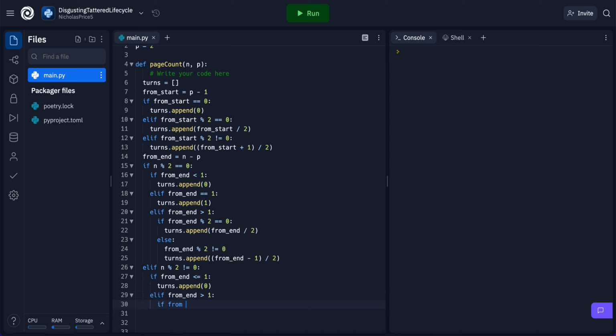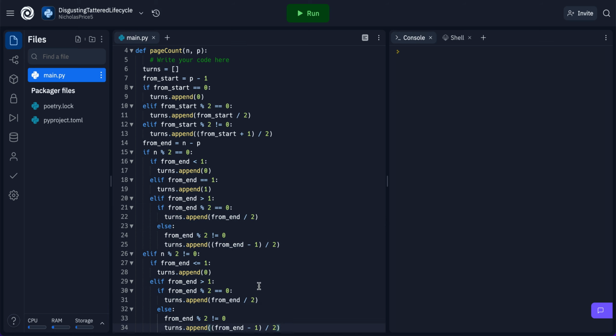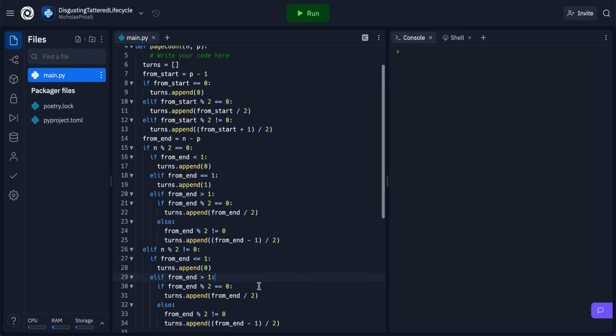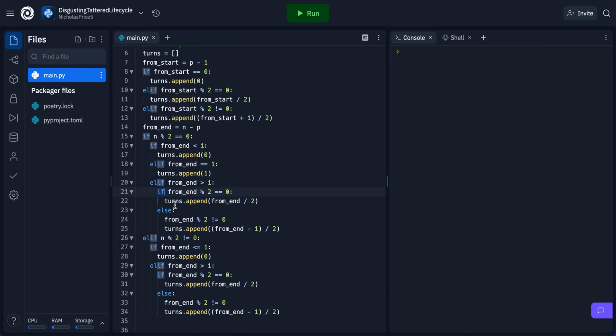If from end modulo 2, if we've got an even number of pages separating, really what we can do is, this will be exactly the same. Our first condition differs, but these next conditions are identical. So we can just go ahead over and copy and paste these last two conditions. Actually, you could even include this line if you wanted to. It's all the same. But so that should be it. That should satisfy all of our conditions.